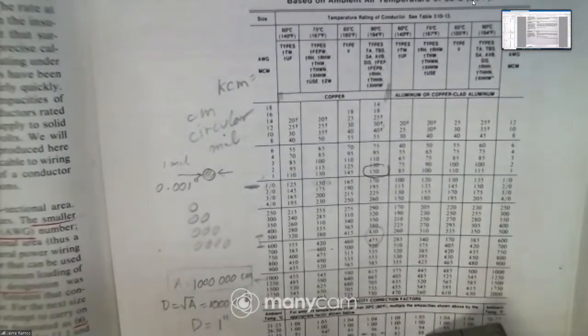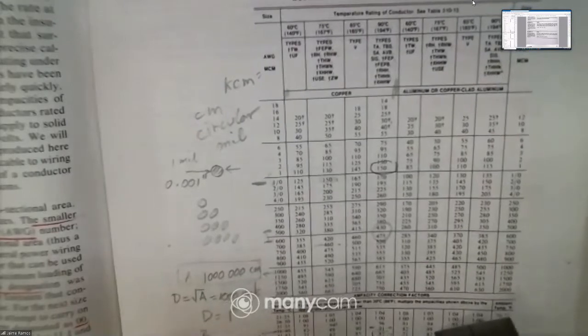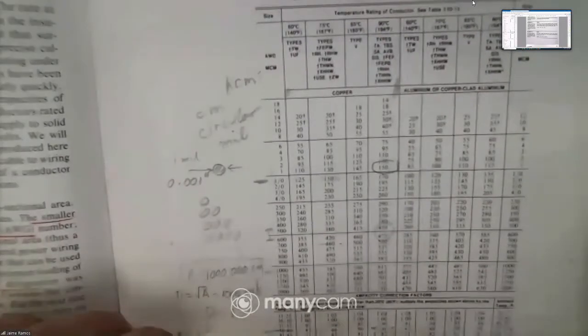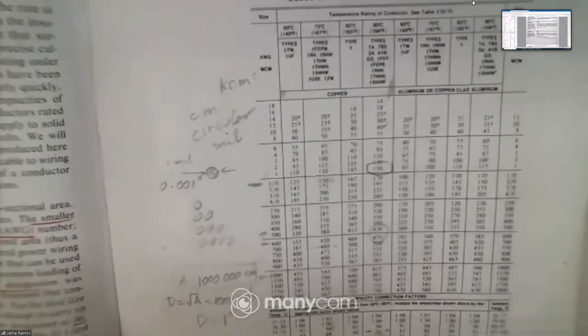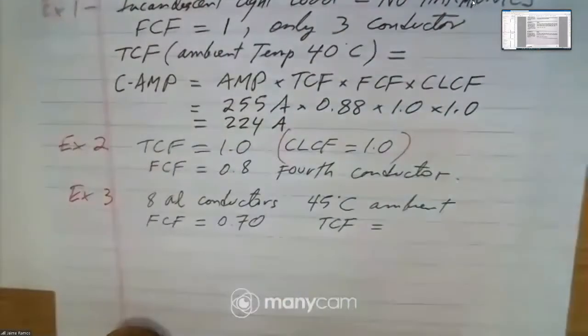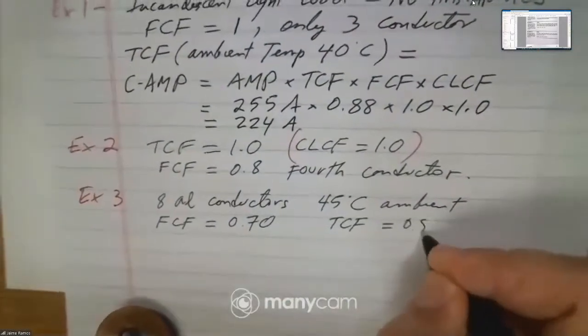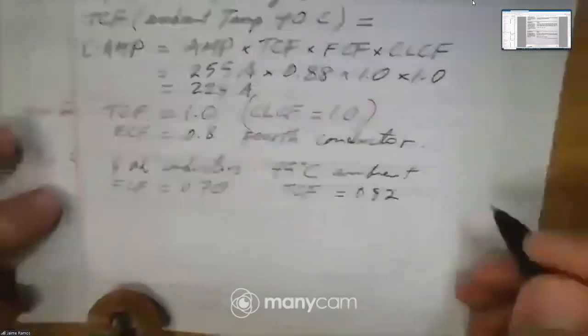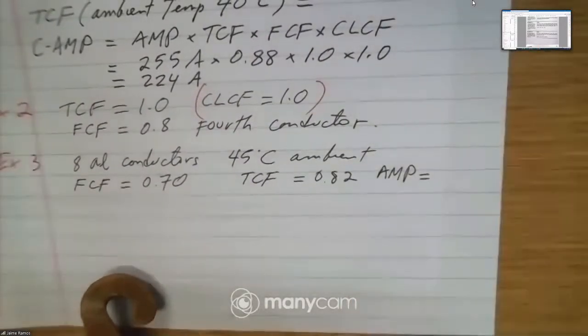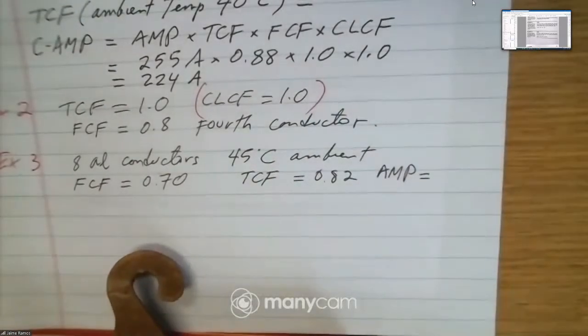-45 centigrade. So it looks like 0.82. Okay, so then this is 0.82. And the ampacity of the, what is it?